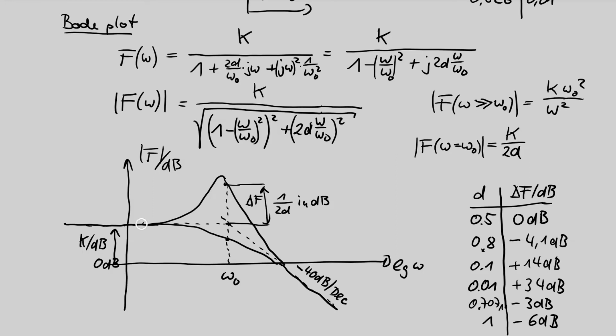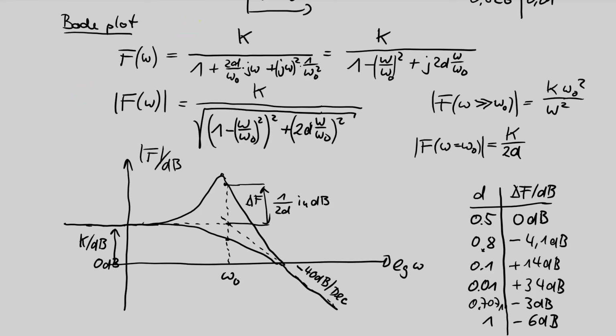Damping small, we have a resonant peak, and note that there is a maximum of the curve which is a little bit larger than the value 1 over 2d, or k over 2d. I have calculated this maximum value in my workbook.